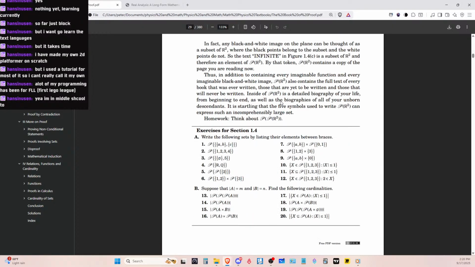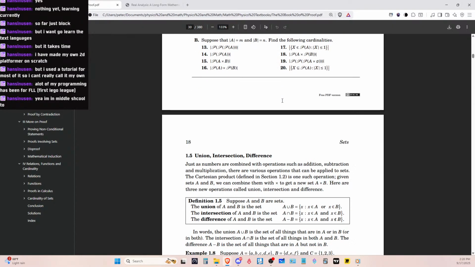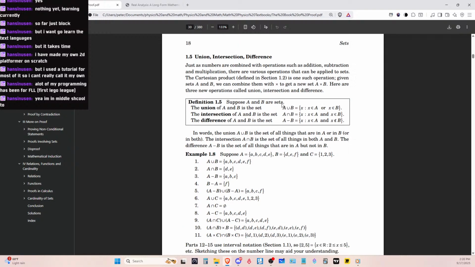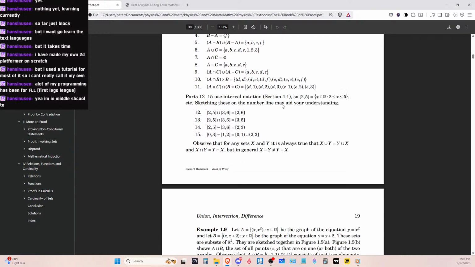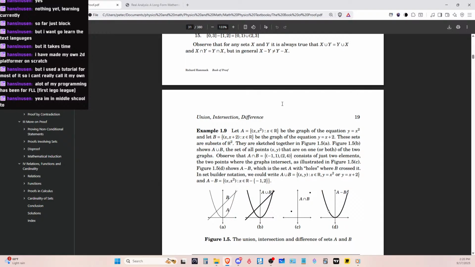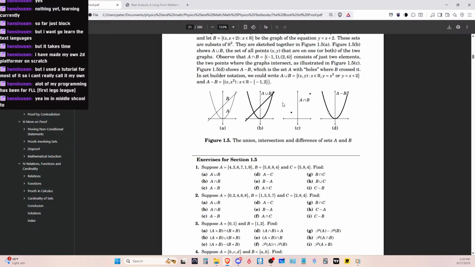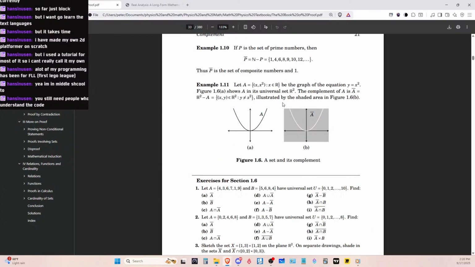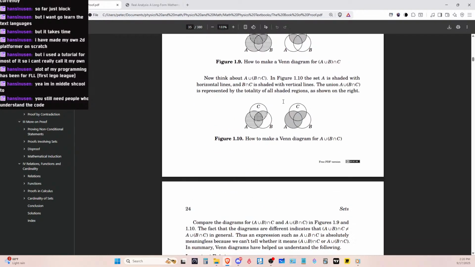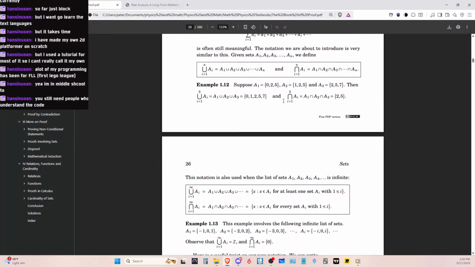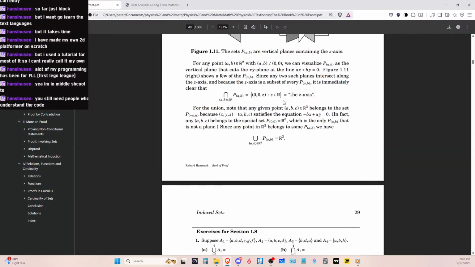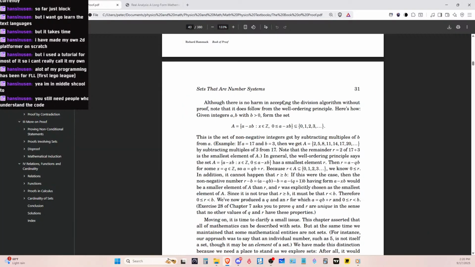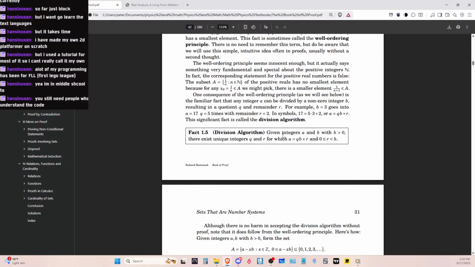Okay, this is the power set. Middle school too. Oh, okay, I see. Pretty sure I saw the definition for division, here we go, the division algorithm.